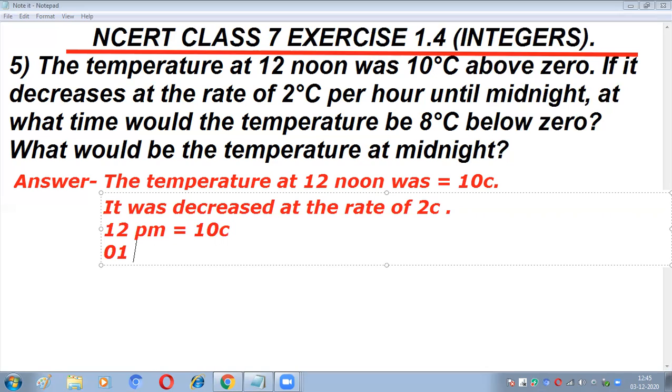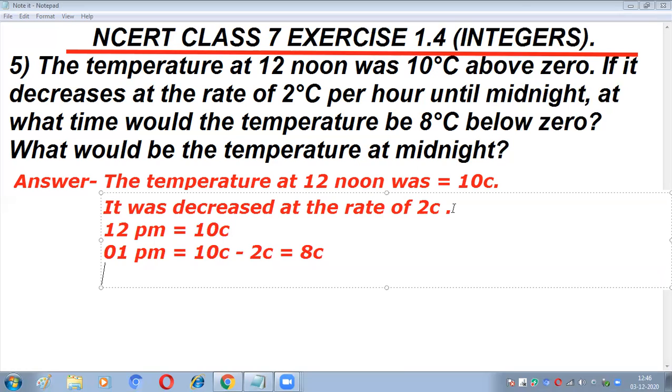At 1 p.m. it will be 10 degrees Celsius minus 2 degrees Celsius is equal to 8 degrees Celsius. I'm just putting a star. No, it is not good. Let me put only Celsius. At the last, I'll put degree everywhere.